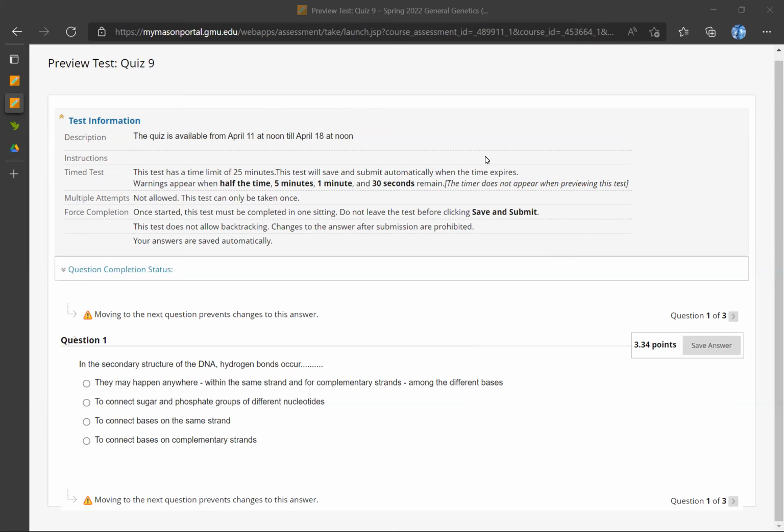But I can try and get different questions too, by retaking the quiz. Anyway, so in the secondary structure of DNA, let's identify. DNA has several different degrees of structure, and we learned about this in Bio 213. Like proteins have first degree structure, then second, third, and fourth degree. The first degree structure of a protein is the amino acid monomer units it's made of, the individual building blocks.